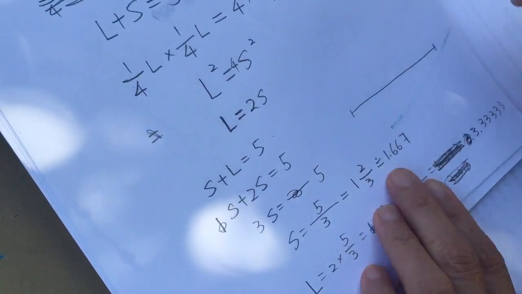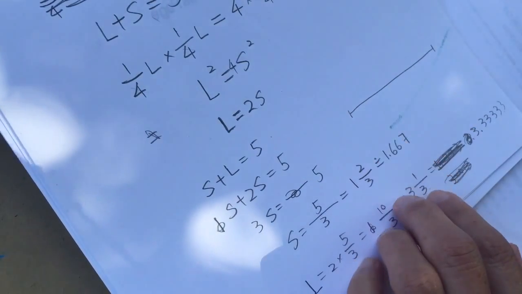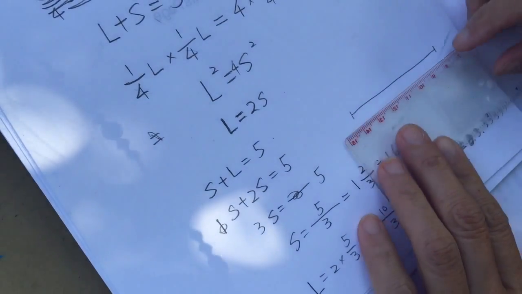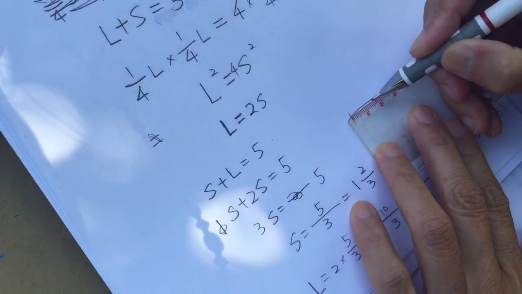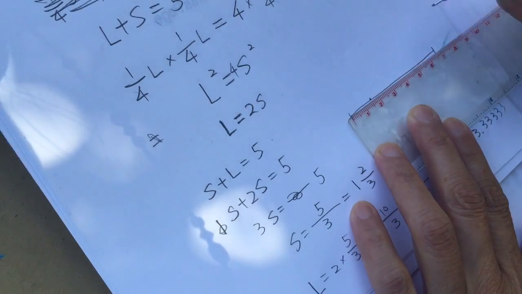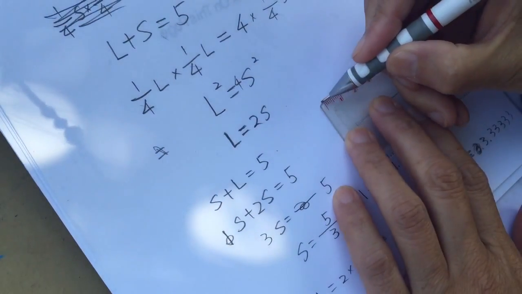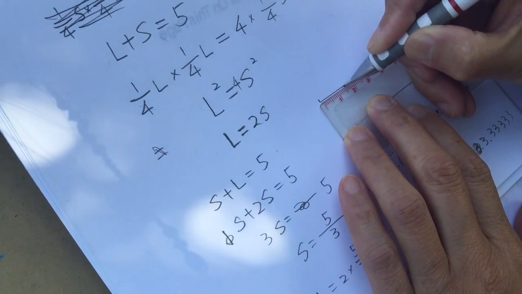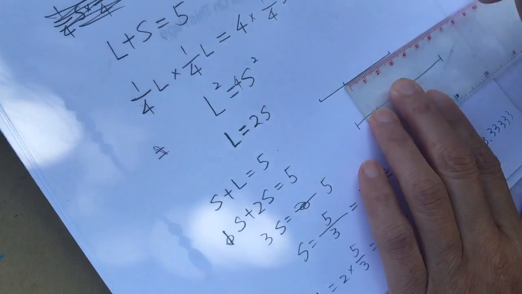3.33333. So you divide it into 1.666, 1.6. And where is the length? Let's do it. 5, 1.6 and 7, and the rest is 3 points.